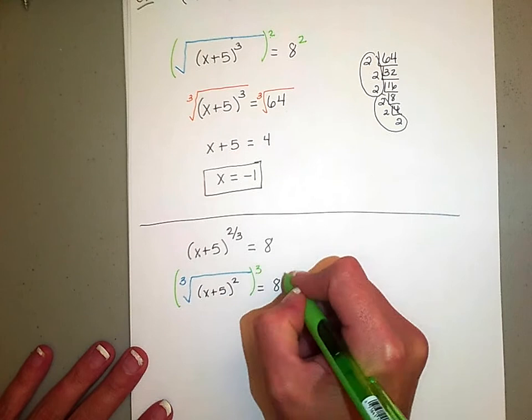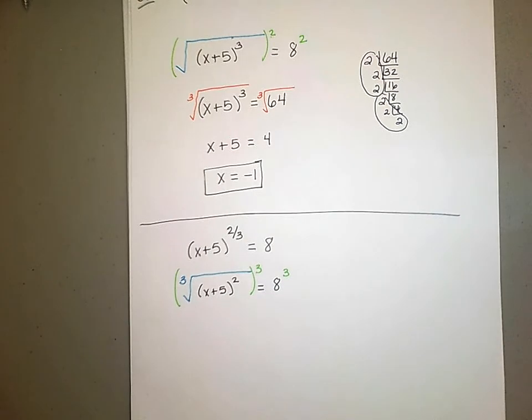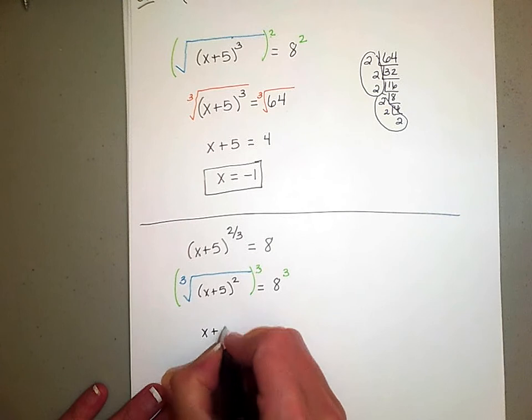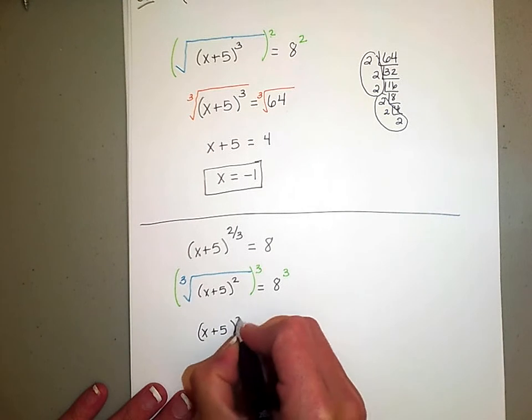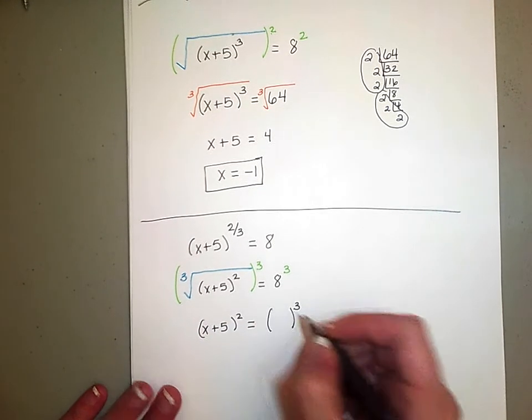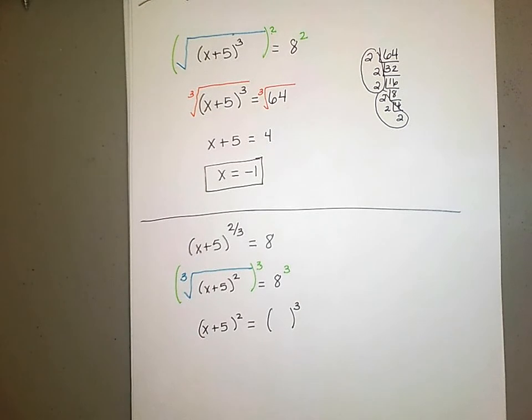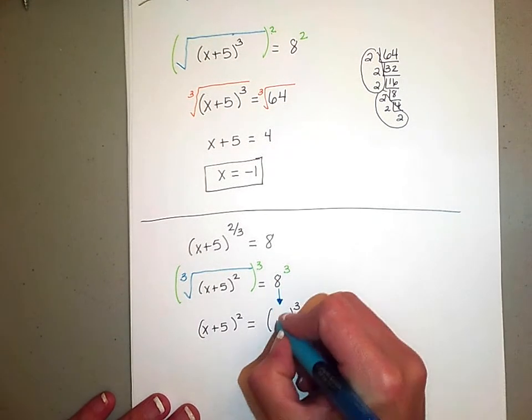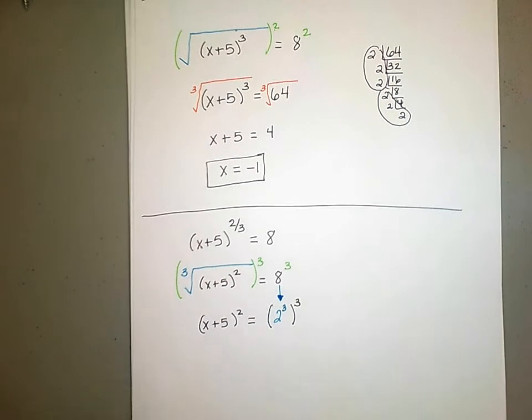Now to undo the cube root, I'll cube both sides. The cube root will undo this, and we'll be left with x plus 5, that quantity squared, is equal to, and again, just simplifying and using exponents, 8 is 2 cubed.